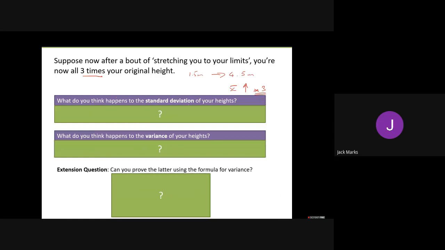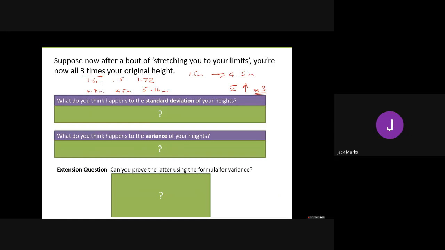What about the standard deviation of our heights? Let's go back to some numbers again: 1.6, 1.5, 1.72, I think they were. If we multiplied each of these by 3, we would have 4.8, 4.5, and something awkward over here, 5.16.